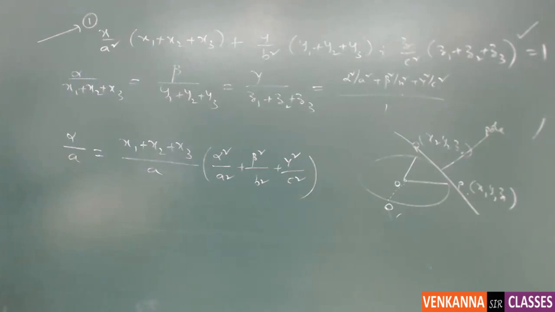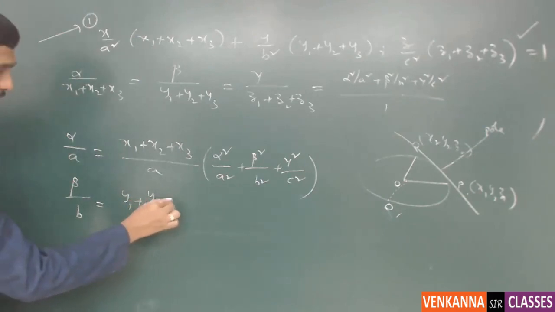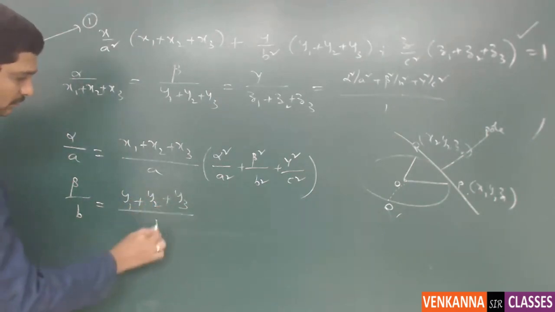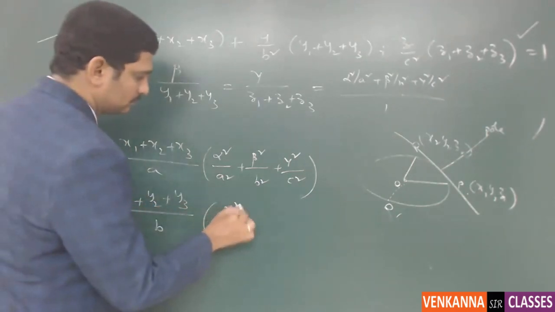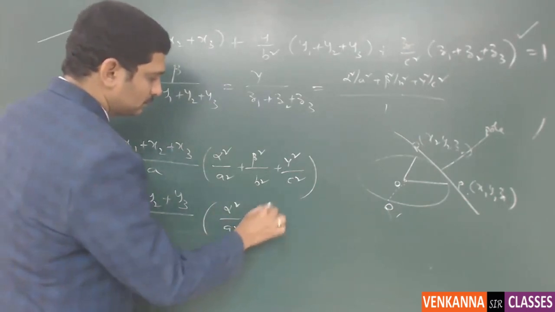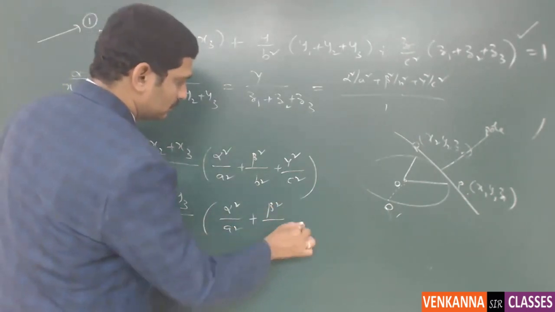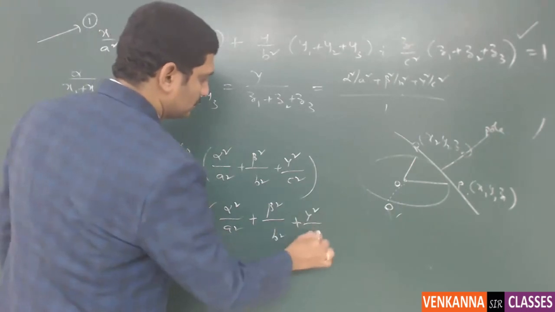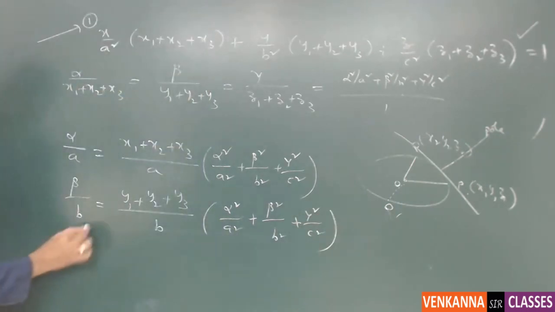And you take the other one, beta by B. And you take the other one, gamma by C.